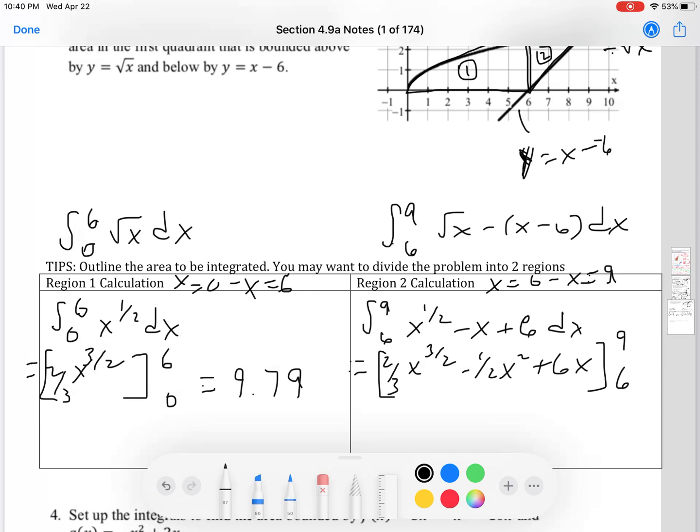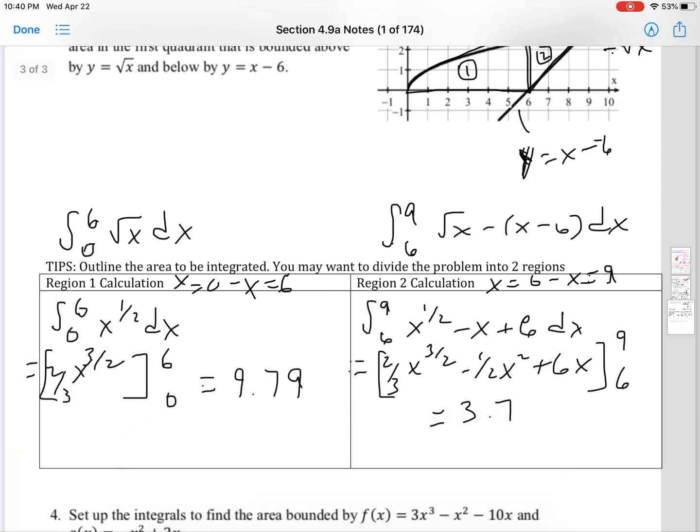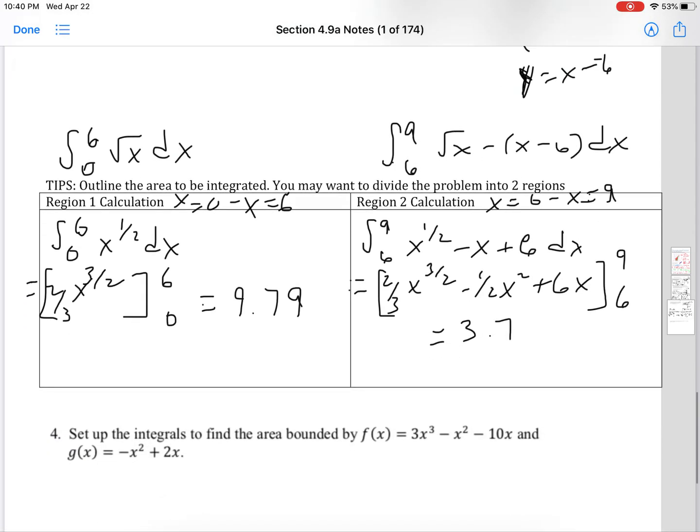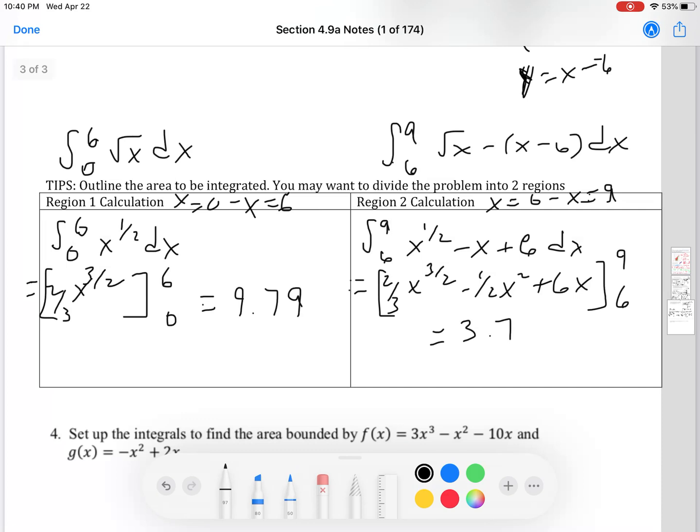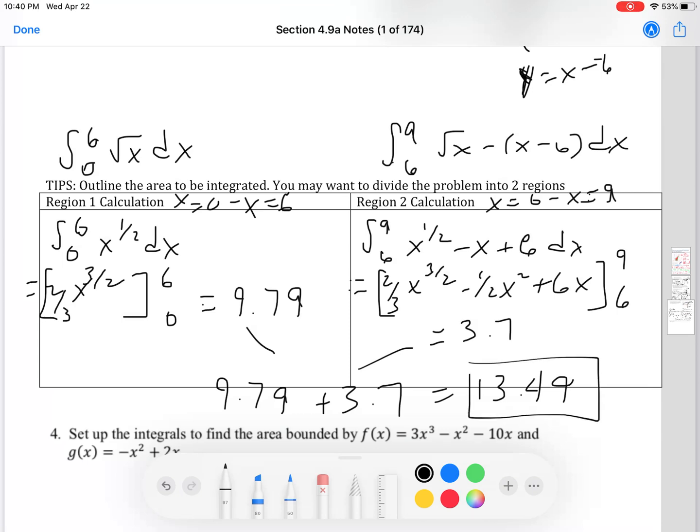So when the chalk dust settles, it's about 3.7, give or take. And you would just want to add up those two numbers together. So for that final result, you get 9.79 plus 3.7. So that would get you about 13.49 for your final answer.